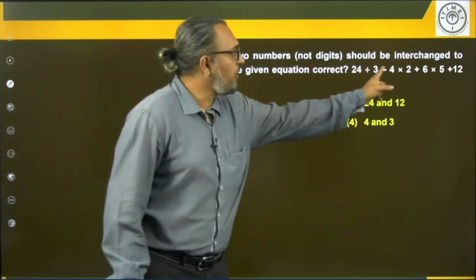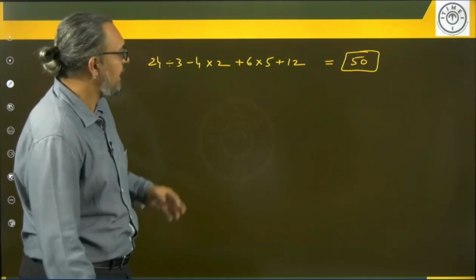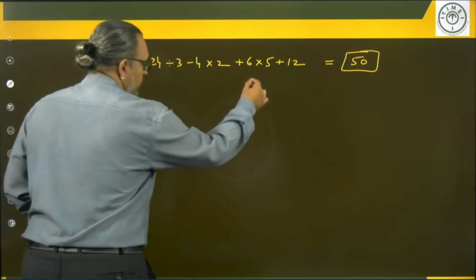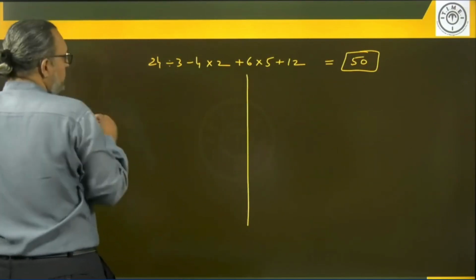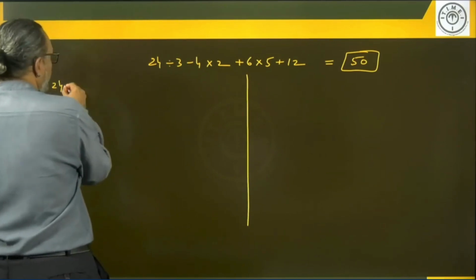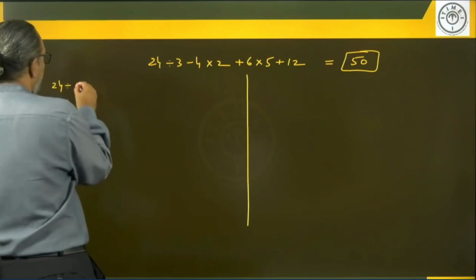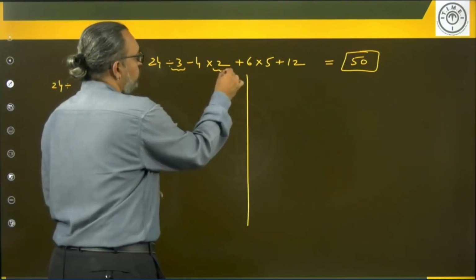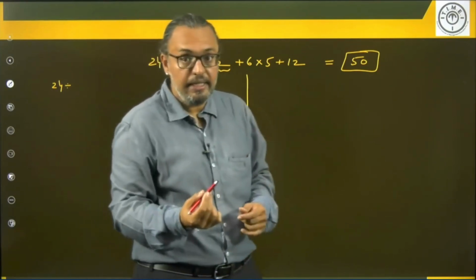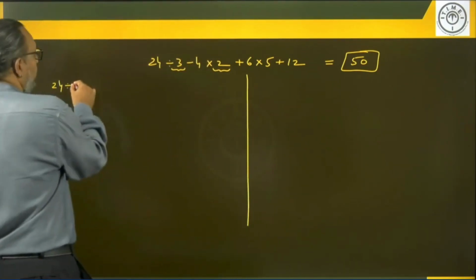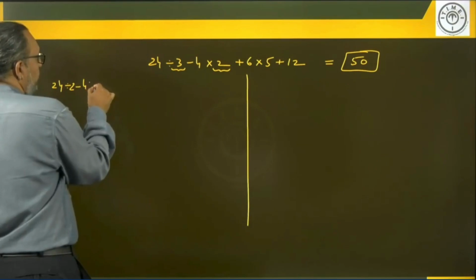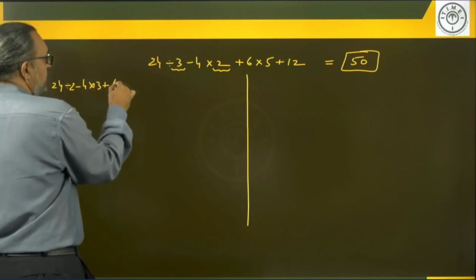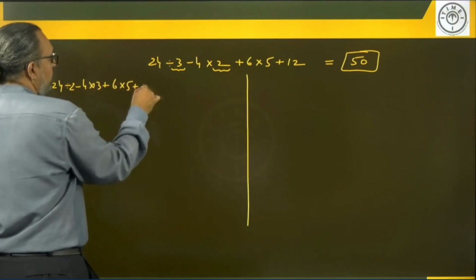What happens if I interchange them? So we have 24 divided by 2 minus 4 into 3 plus 6 into 5 and plus 12.